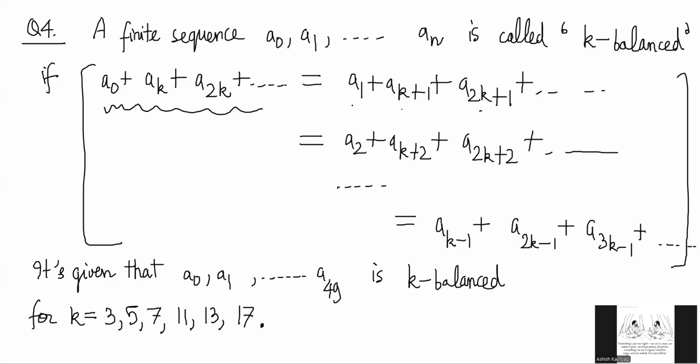So a lot of information has been given. We have a sequence of 50 terms, and that sequence is K-balanced for all of these values. K is these prime numbers, right? What we have to prove is that A0 is equal to A1 is equal to all of them till A49 are all equal to 0.